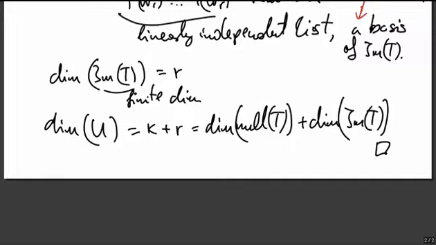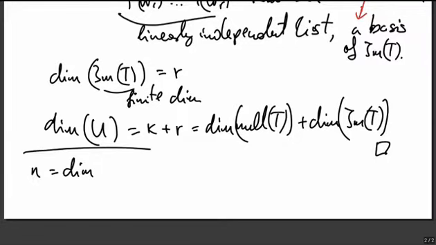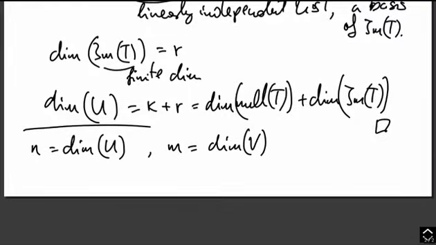So there are several consequences to this theorem. Many times we have the notation n for the dimension of the first space and m for the dimension of the V space, especially when we work with matrices. We will talk about this in more detail in the next section.